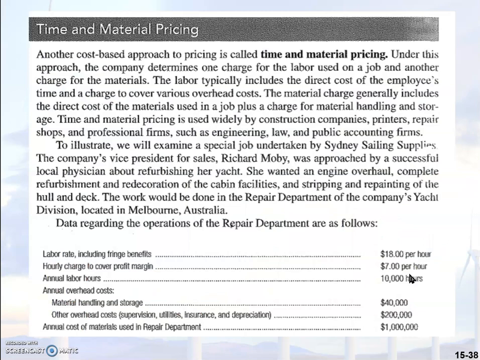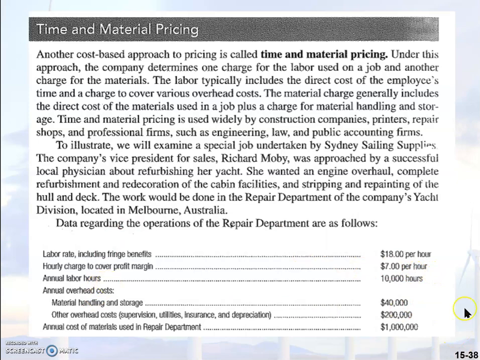Let's have this illustration. I have also shared this in the Google Classroom. For time and material pricing, the illustration is regarding the repair department of the company's Yash division. The labor rate including fringe benefits is $18 per hour, and they have an hourly charge to cover profit margin of $7 per hour.